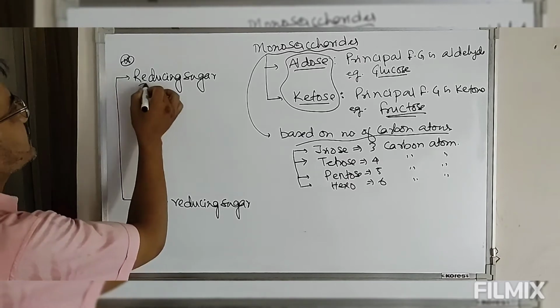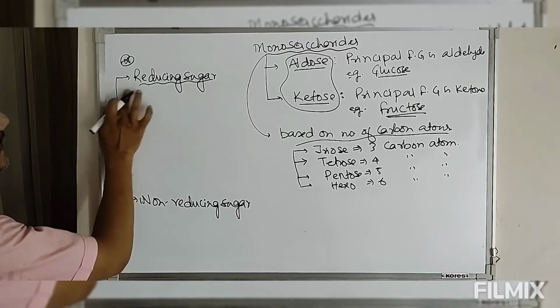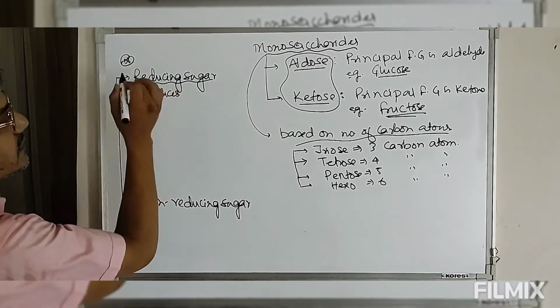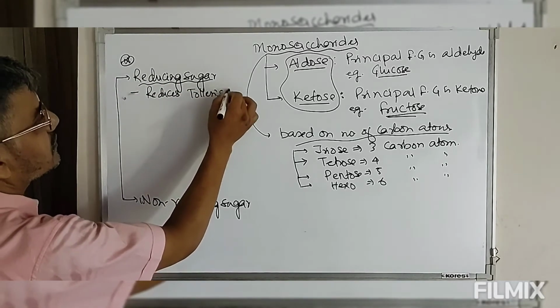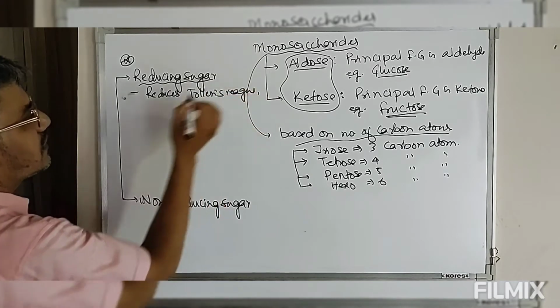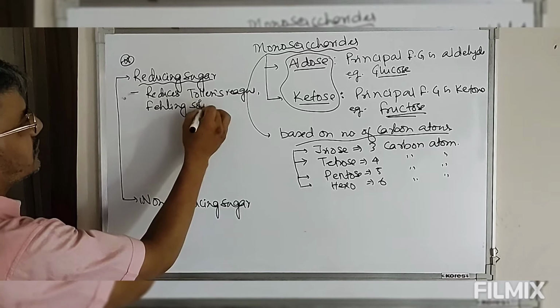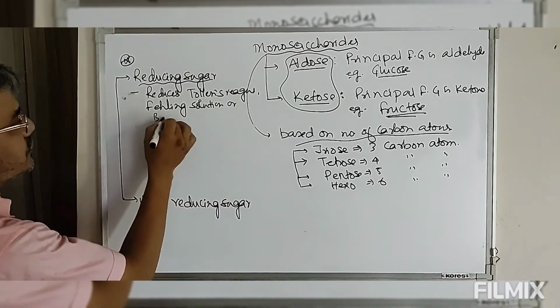A class of sugar is known as reducing if it reduces Tollens reagent, Fehling solution or Benedict solution.